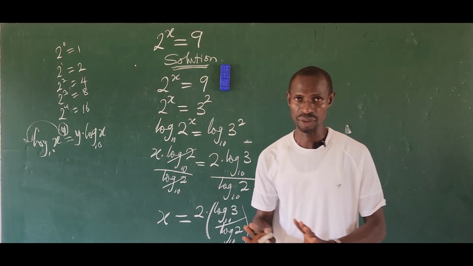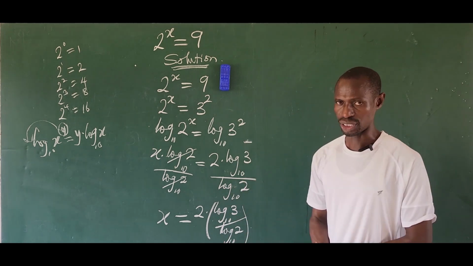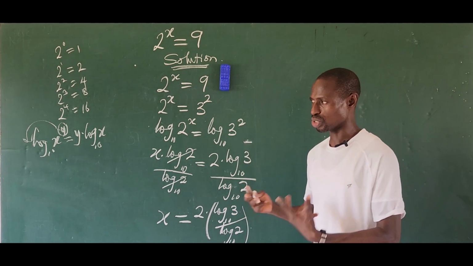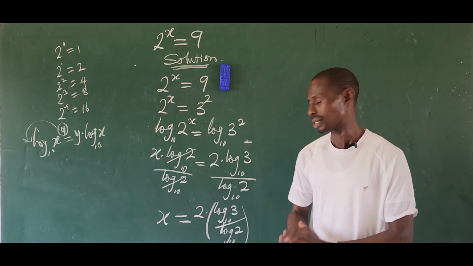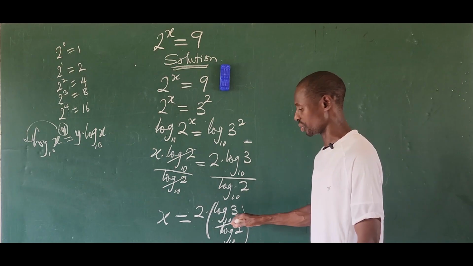Now, if you put that there and you simplify, it's going to give you an approximate value. I promise you that we're going to do a check on this root. But before we do a check on this root, we want to rewrite this answer to enable us to check the answer easily, right? Good. Now we're going to apply what is called the change of base rule to this expression.